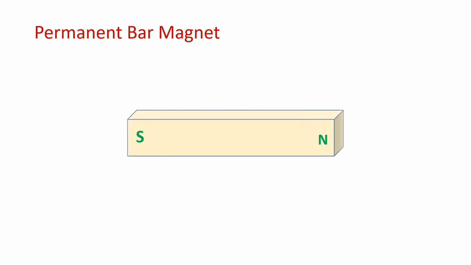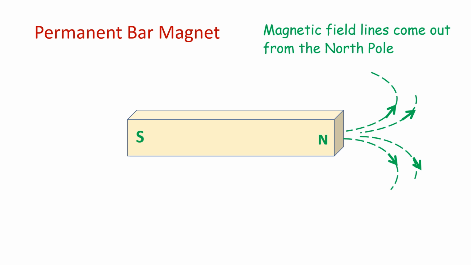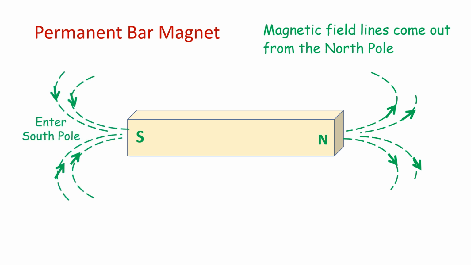Let us speak about a permanent magnet. You are seeing a permanent magnet having north and south poles. The magnetic field lines come out from the north pole. They enter the south pole.